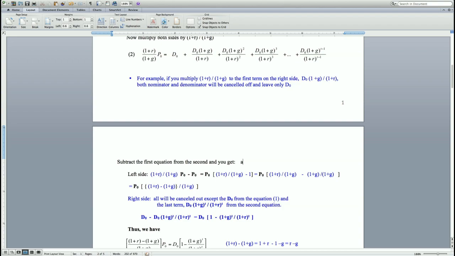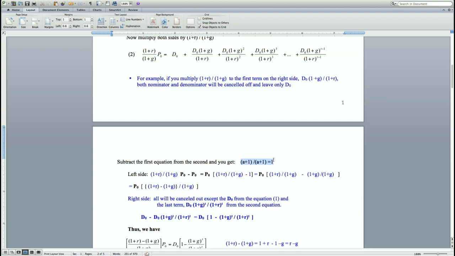Or a plus 1 over a plus 1, in brackets, that's also 1. a plus b over a plus b, also 1.